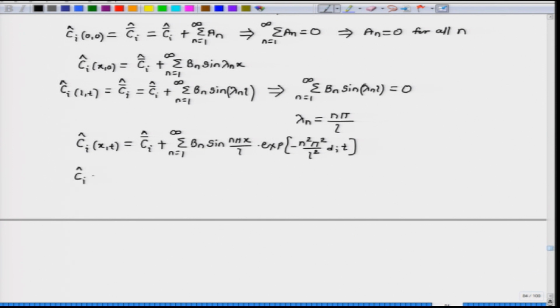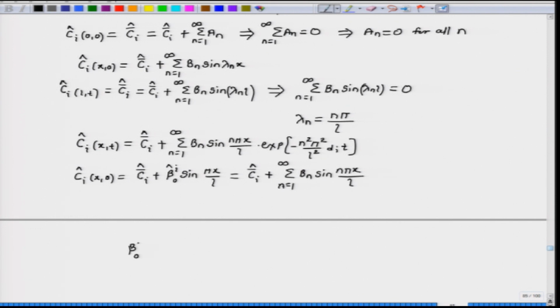Again, if I write at t equal to 0, this should be equal to ψ̄̂ plus β0 sin πx by L, which is from the initial condition, and this should be equal to ψ̄̂ plus the summation n equal to 1 to infinity of bn sin nπx by L. So, this ψ̄̂ will get cancelled.